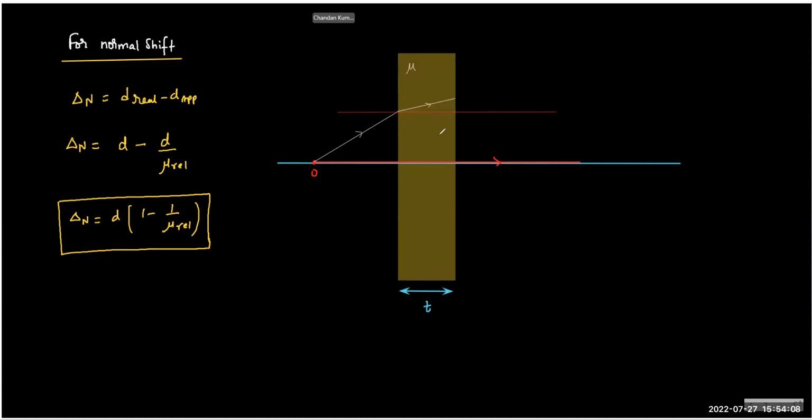And we have seen something called the lateral shift, right? So this light ray will emerge like this, if you remember.